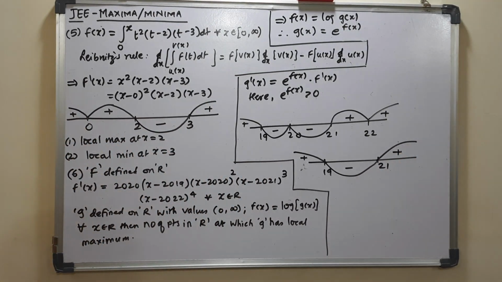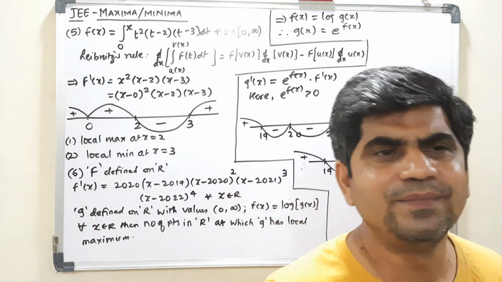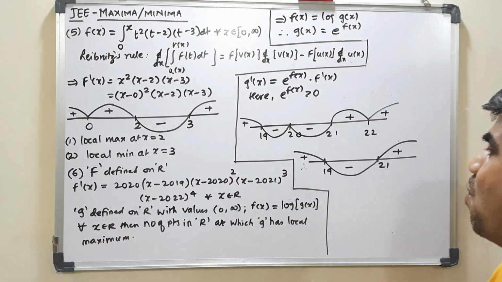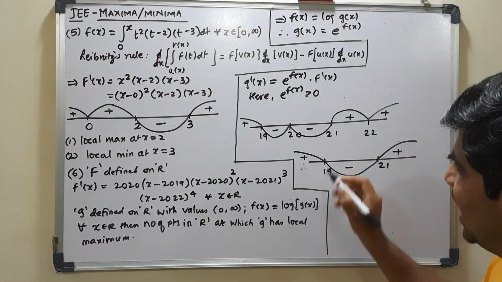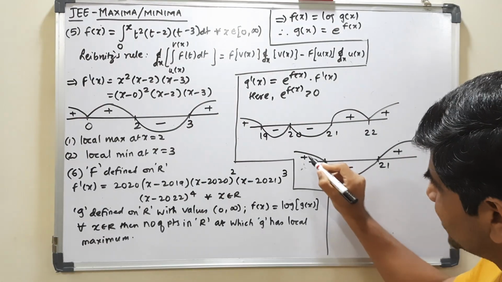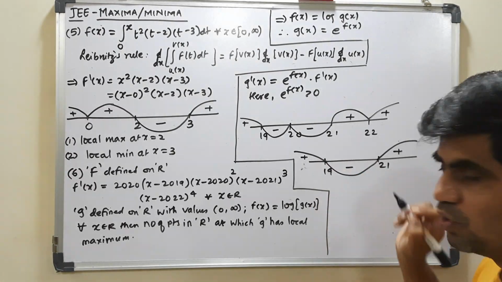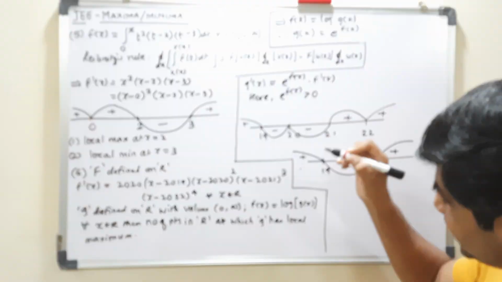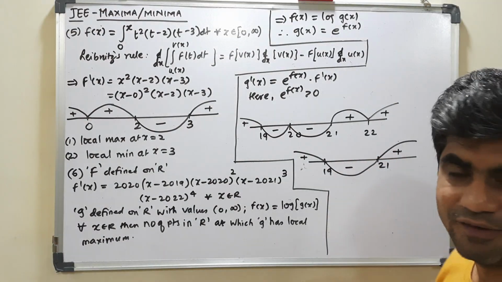That means you can see that it has only one maximum and only one minimum, right? Because f dash x here is positive, that means slope is positive over here, and it goes to negative, that means increasing and decreasing. So this is your point of maximum and this is your point of minimum.